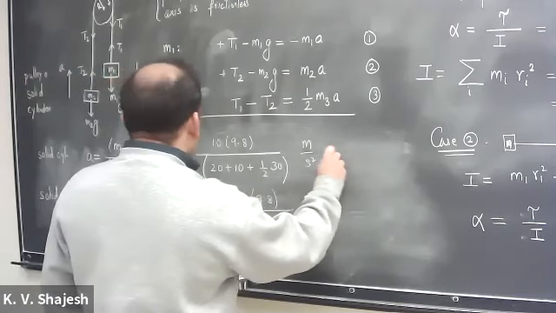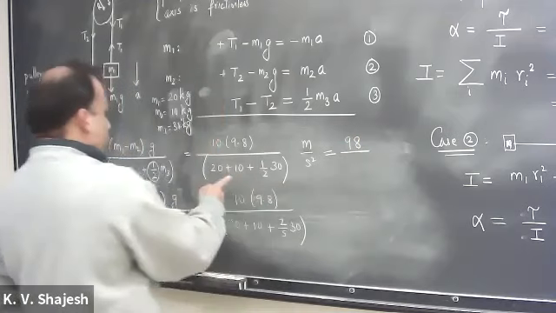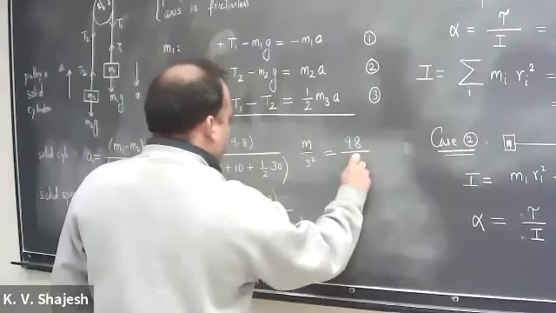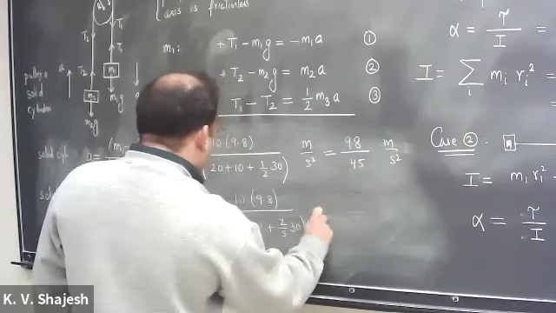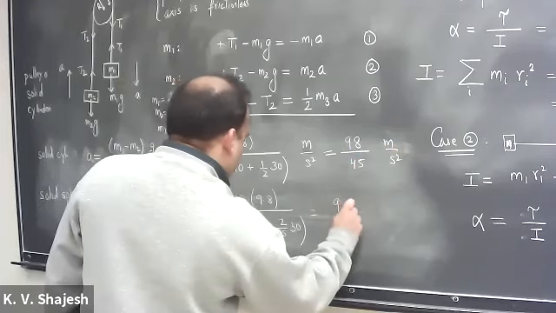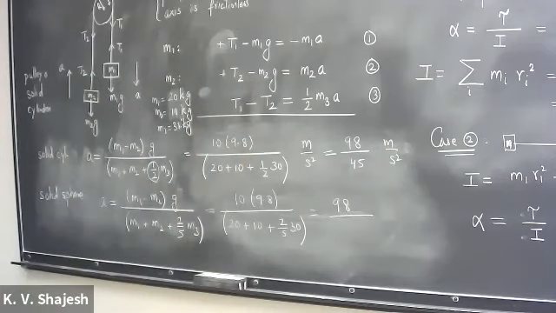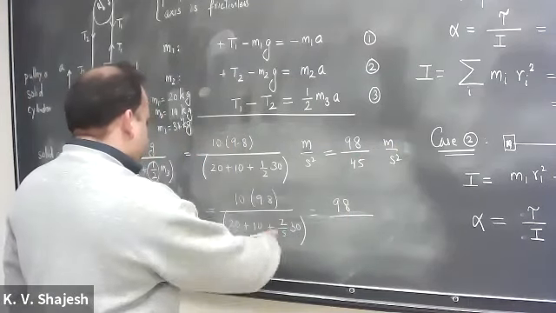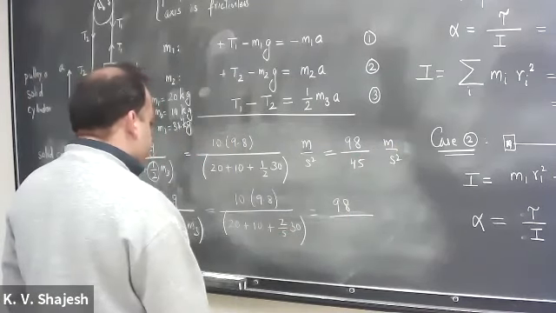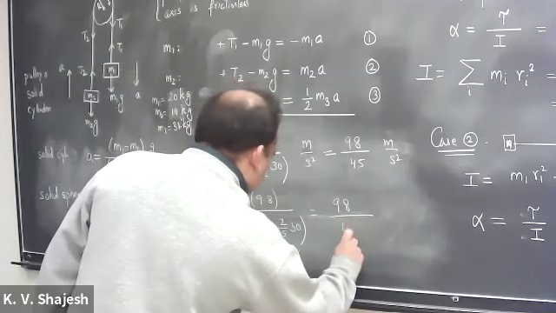So let me write this down. So that's 98 divided by 30 plus 15. So that's 4.5 meters per second square. And in this case, this will be 98 divided by 30 plus not 15, but 12. So it's 0.4 times 30, so that's 12, so that's 42.